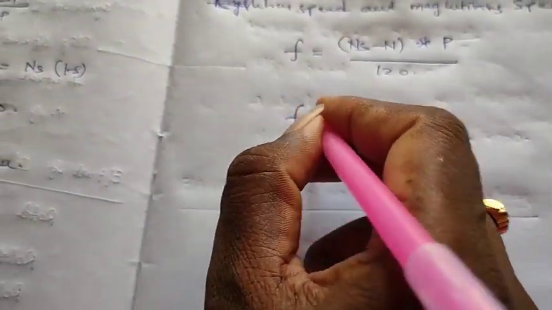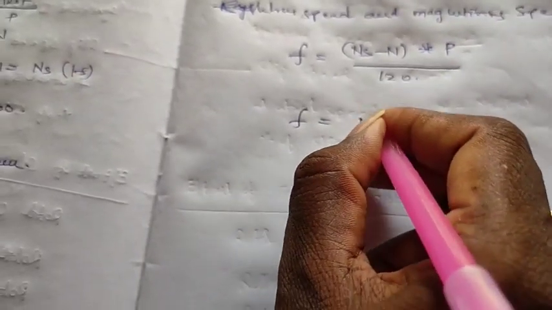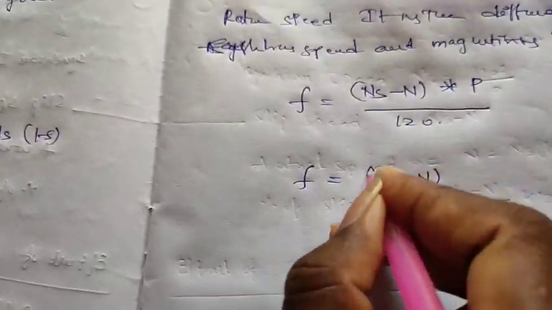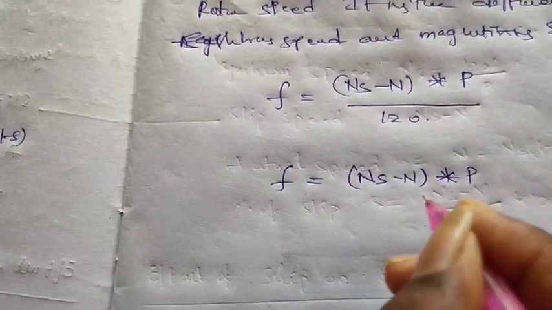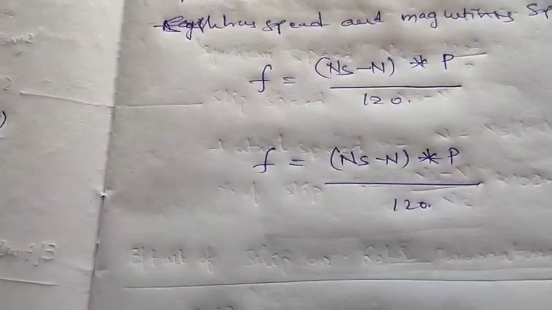So that is frequency f equal to (Ns minus N) into number of poles divided by 120.